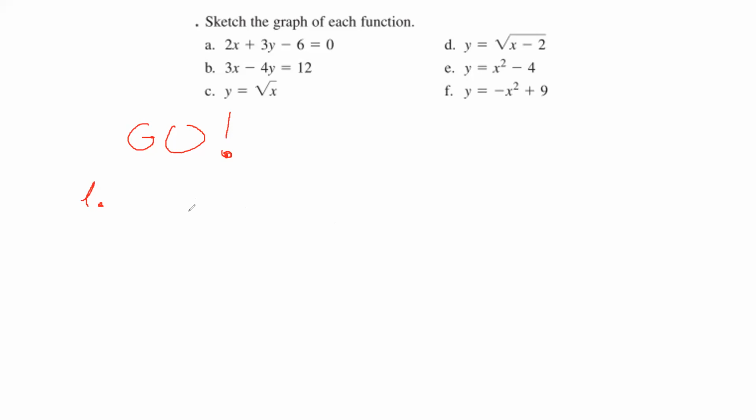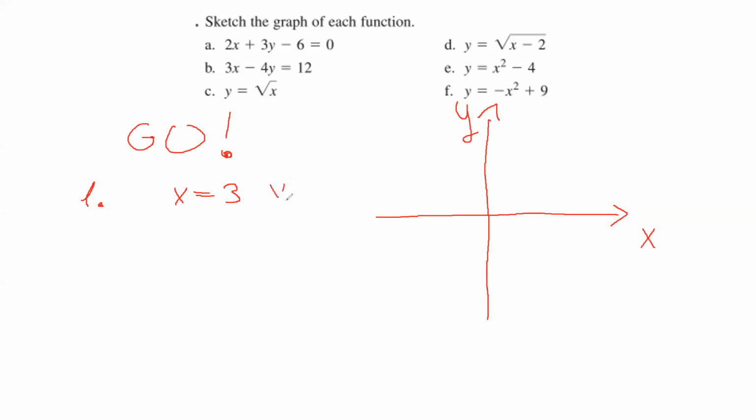So x equals 3. That's for the x-intercept. And then for the y-intercept, I would sub x equals 0 and solve it. So y equals 2.